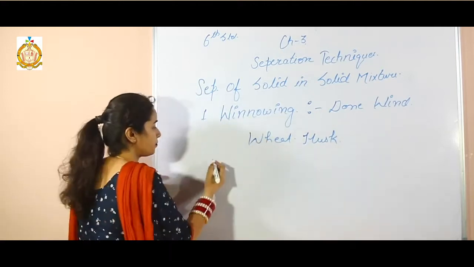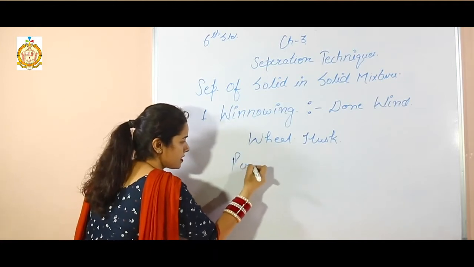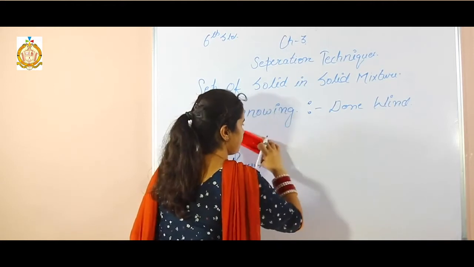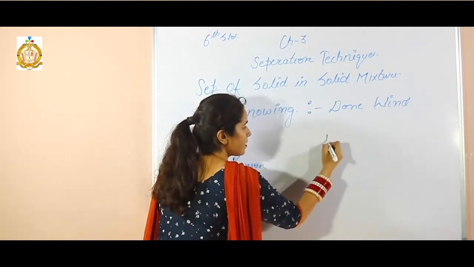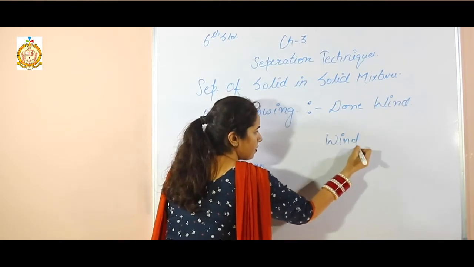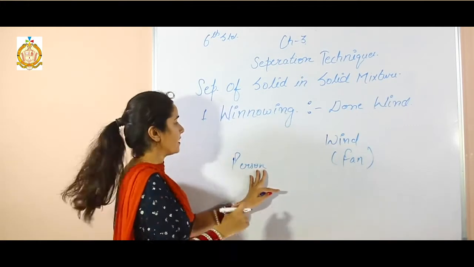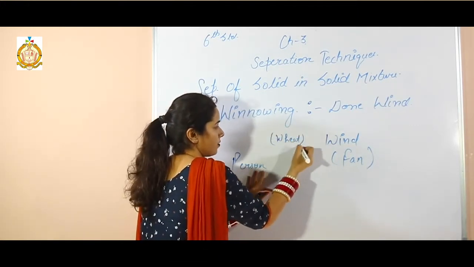For example, here some person stands, and here is wind. For example, a fan is here and this person is here. Wheat is taken in a vessel.